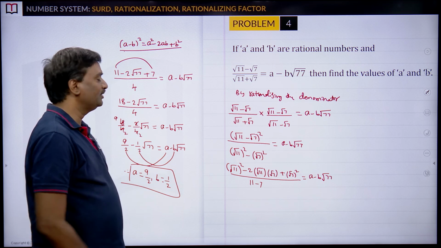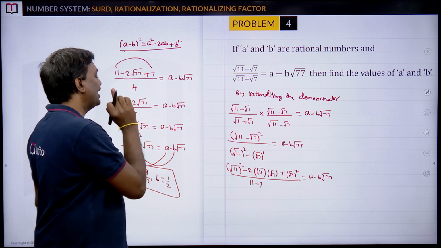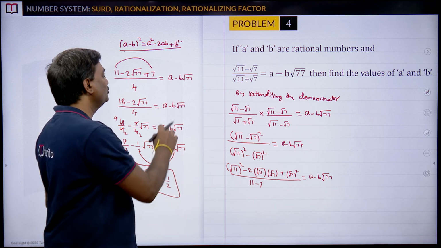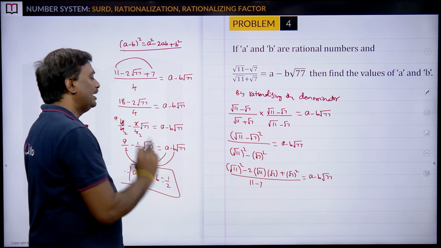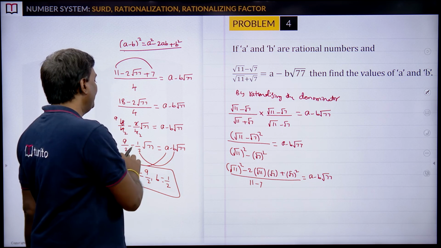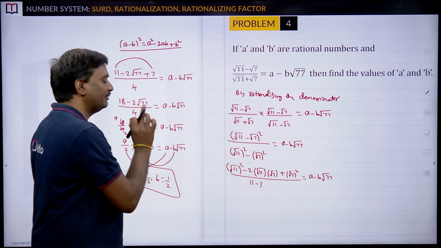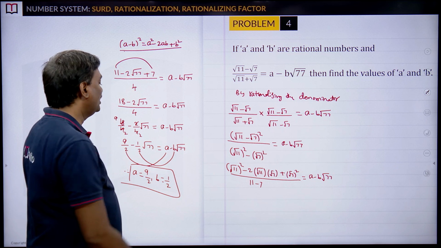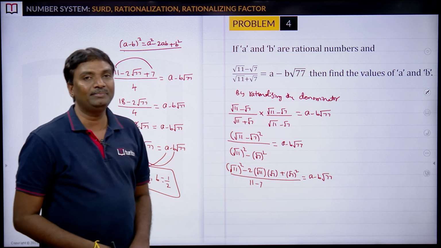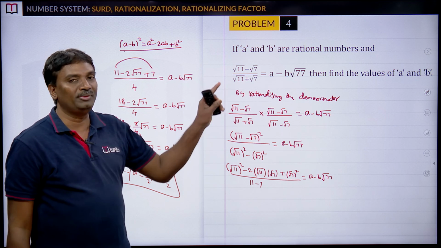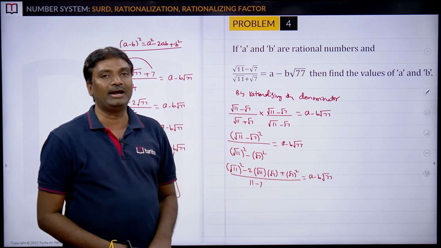By separating, we got 18 by 4 minus 2 by 4 root 77 equal to a minus b root 77. Simplifying 18 by 4 we got 9 by 2, here minus 1 by 2 root 77. By comparing the similar terms on both sides, we got a equal to 9 by 2 and b equal to 1 by 2. So just by rationalizing the denominator, we got the values of a and b.